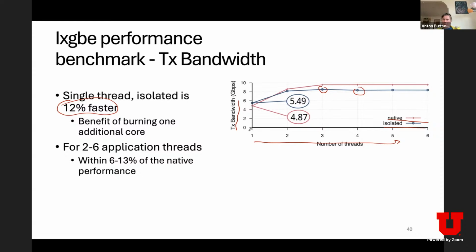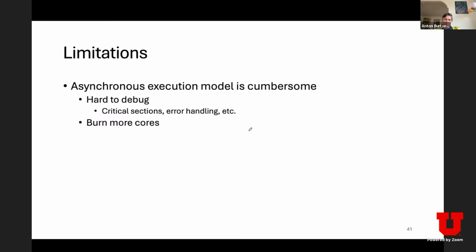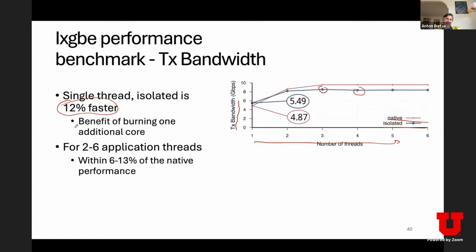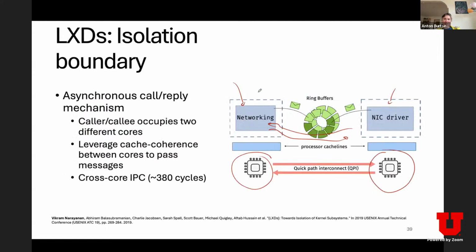However, the second isolation boundary, which we developed, was addressing the issues with this LXD system. When we run threads on two different cores and perform those invocations back and forth, it becomes an asynchronous system.